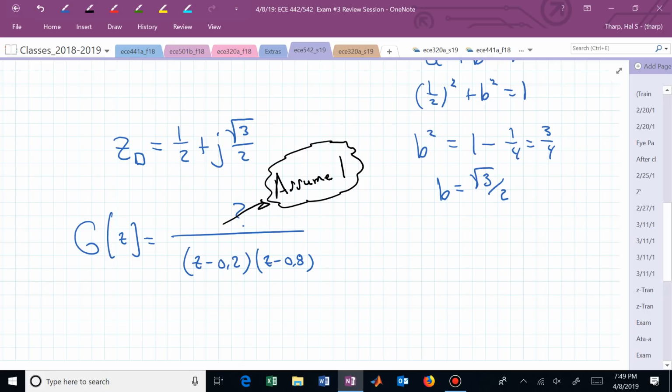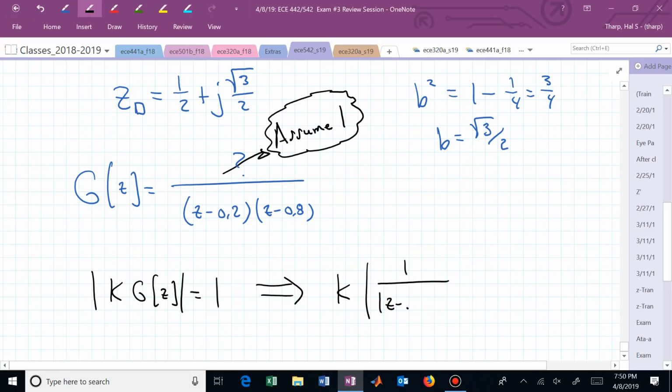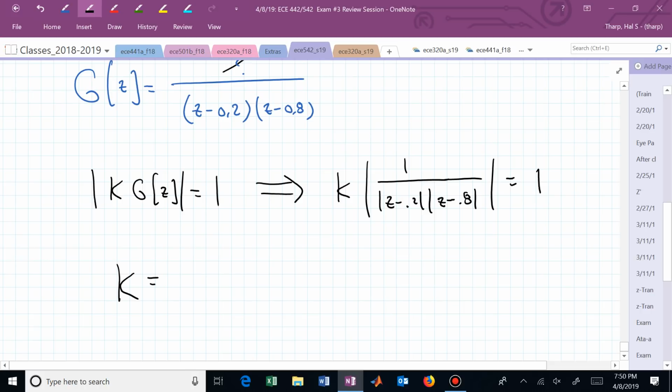Now you can, because you know from the magnitude condition you have k g of z is equal to 1. And this now says that k times 1 over the magnitude of z minus 0.2, z minus 0.8 is equal to 1. Or k is now equal to the magnitude of z minus 0.2 and the magnitude of z minus 0.8.